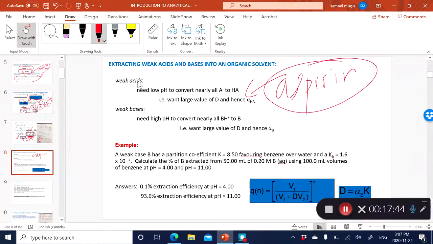You need a low pH so that you convert all the A minus into the HA because it's going to get protonated. As we've said, the HA prefers to be in the organic phase because it is neutral. So you want it to be neutral, and in that case, again, you want the D to be large.